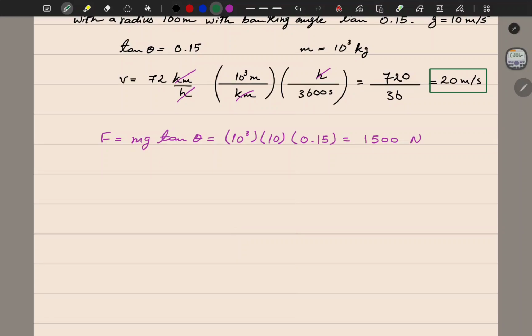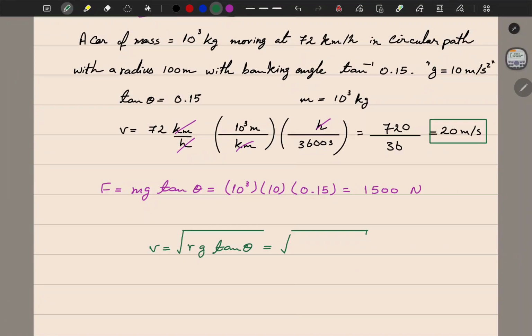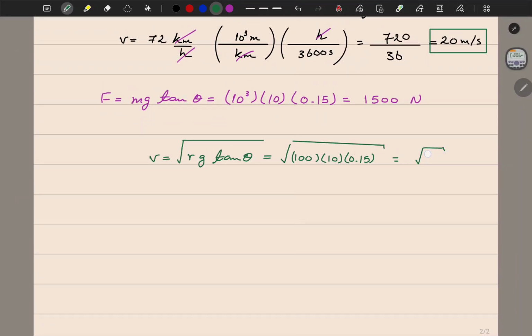We can do so by calculating the suitable velocity, which is v equals the square root of r g tan theta, which equals the square root of, we forgot to write, r is 100 meters, so 100 multiplied by 10 multiplied by 0.15, which equals the square root of 150 meters per second.